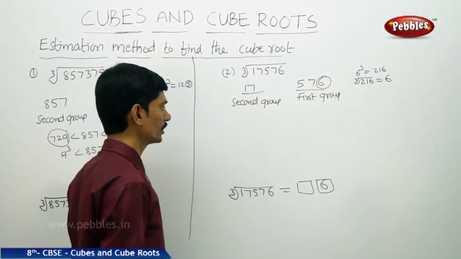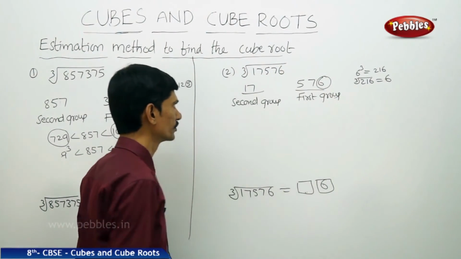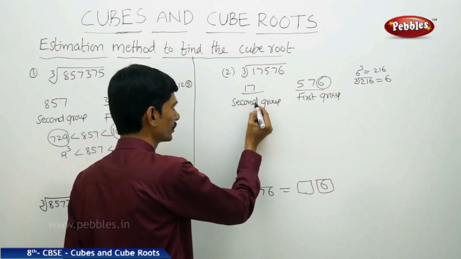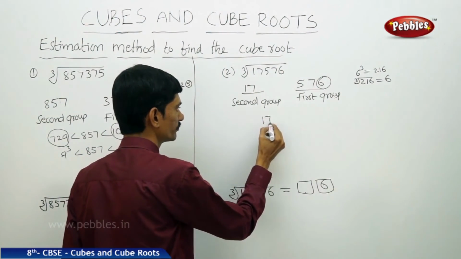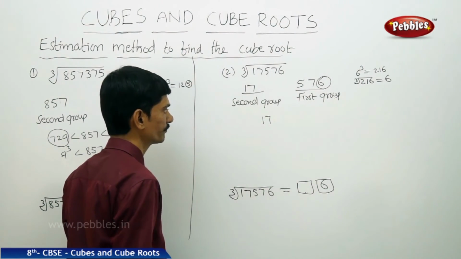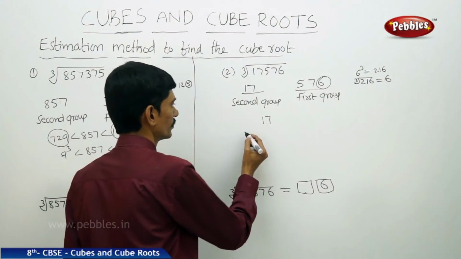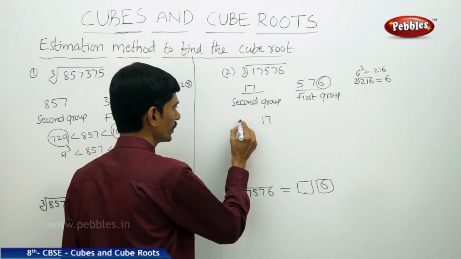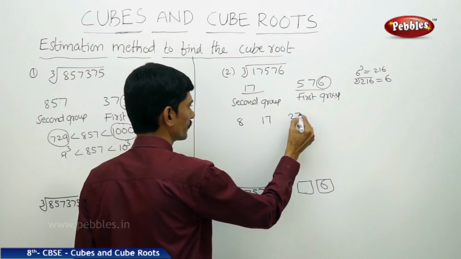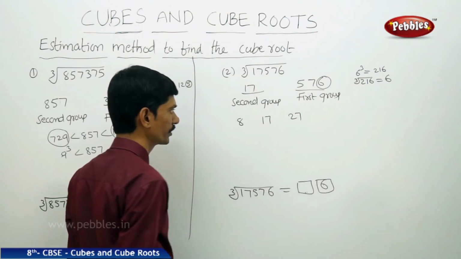Now you should find out the tens place of the cube root. For that, you consider the second group, that is 17, and 17 lies between which two perfect cubes? We know that 17 lies between 8 and 27 because 8 and 27 are perfect cubes.